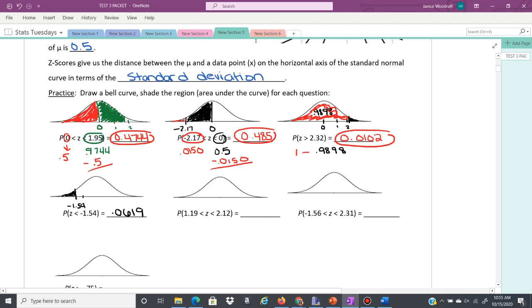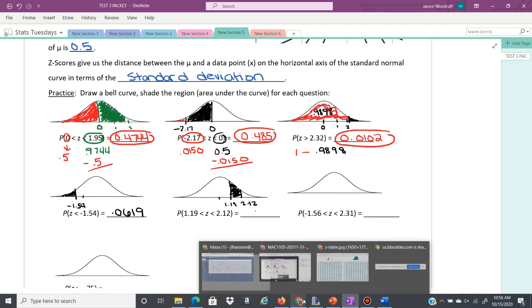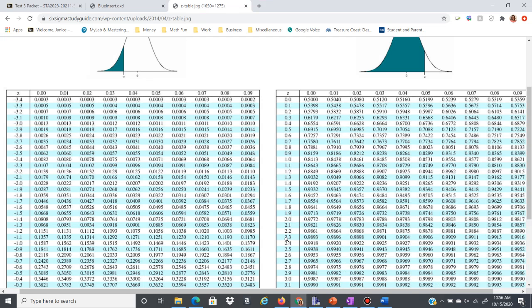Okay, then 1.19 to 2.12. So let's see. 1.19 we'll say is maybe like right here. And then we'll say 2.12 is right here. So you're just looking for the area in between these. Okay, so when you're looking these up, you find each value on the Z chart and then you subtract if you're doing an area in between. Okay, so look up the 2.12 first. 2.12, right there, 0.9830.